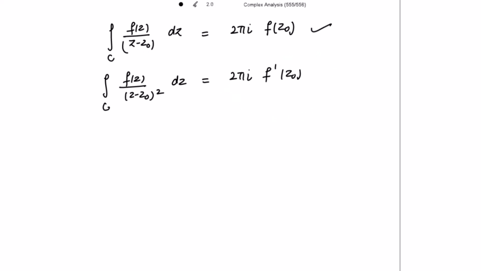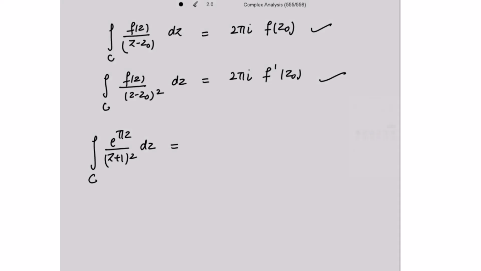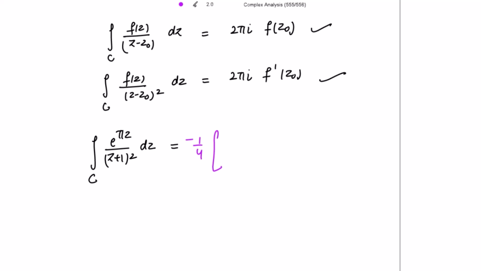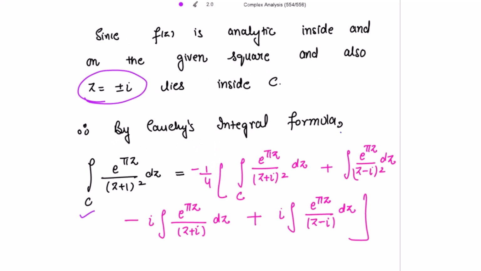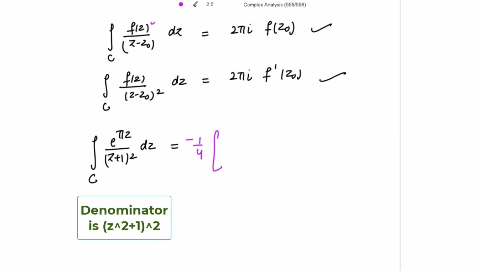So let's apply these 2 formulas very carefully. What is the given integral? It is e to the power pi z divided by z plus 1 whole square dz over the square C. So that is equal to, we have here 1 divided by 4 with negative sign, and then e to the power pi z. Please write this as your f(z) to match with this formula.